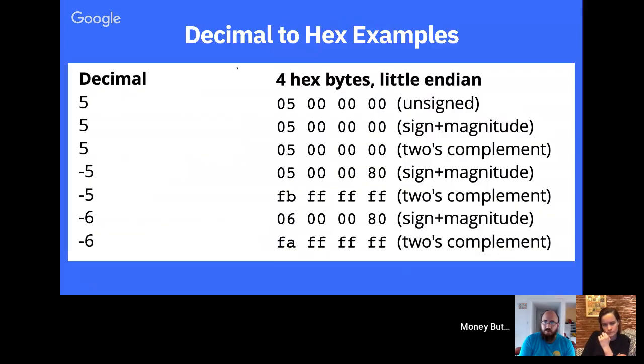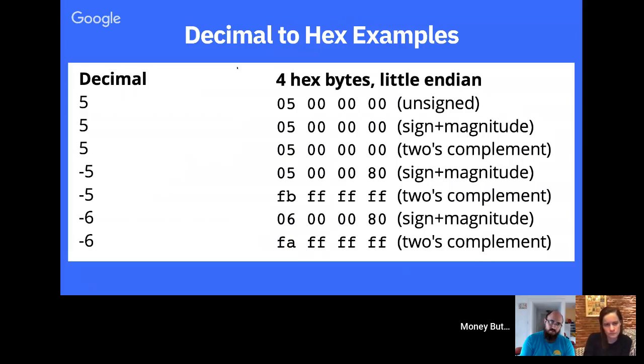So here are just a couple of examples so that people can see what this looks like in this particular case. On the left there, I've written the number in the usual way: 5, 5, 5, -5, -5, -6, -6. And then on the right, I've formatted it in a couple of different ways. So it's Littleendian, which is how you would normally see it on an x86 machine or inside Bitcoin. I'll start with the first one.